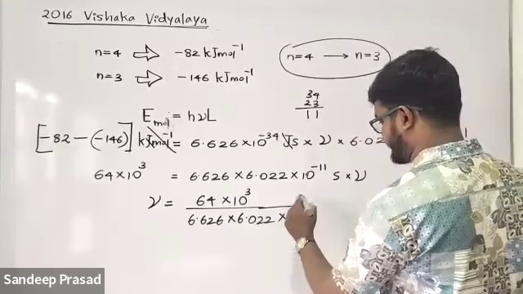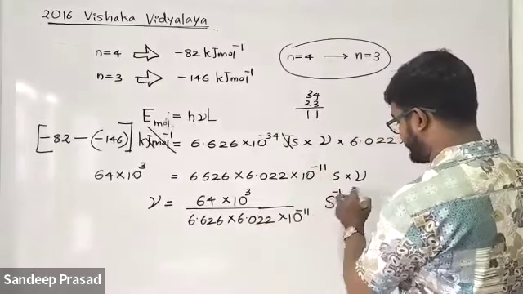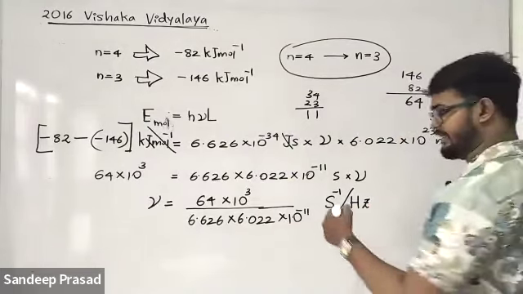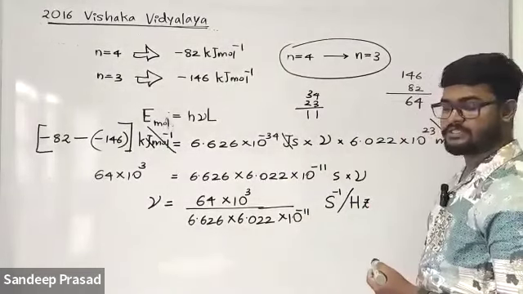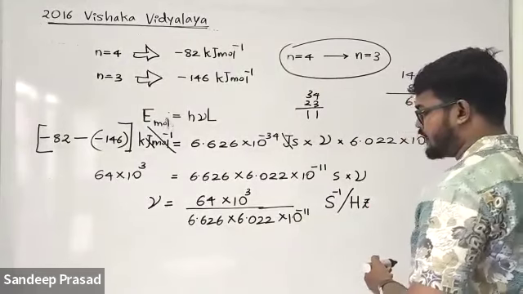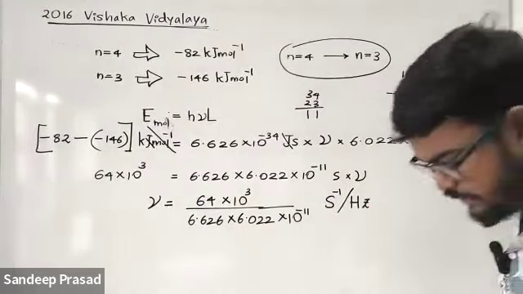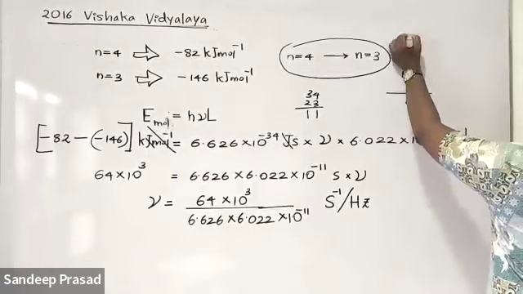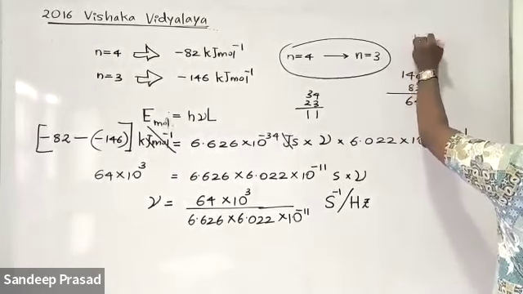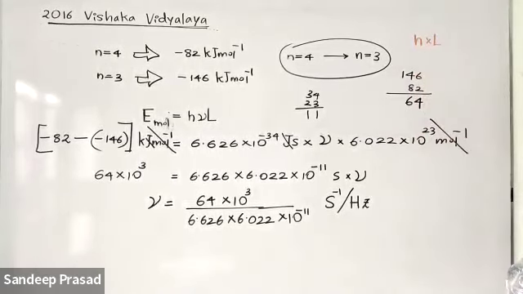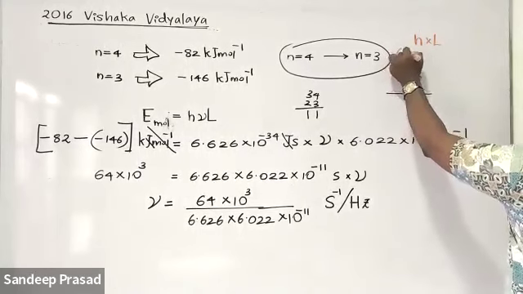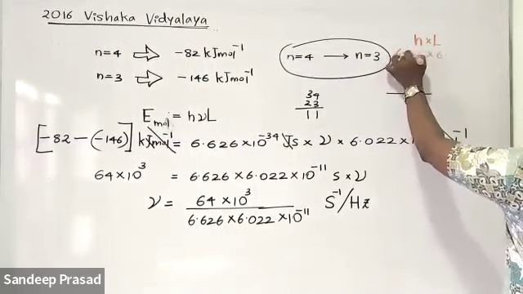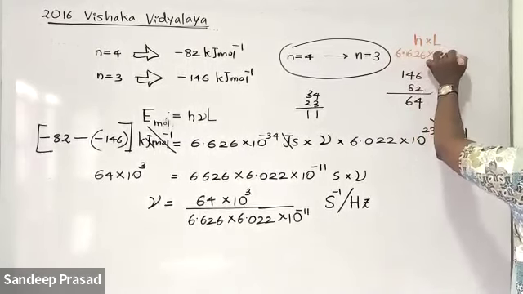The second will come here, but we can take it to the numerator as per second, or hertz. The unit is correct because we are finding the frequency, so the unit should be per second or hertz. I also told you a small trick in the first unit: the numerical value of Planck's constant is 6.626 and of the Avogadro number is 6.022, ignoring the powers of 10.